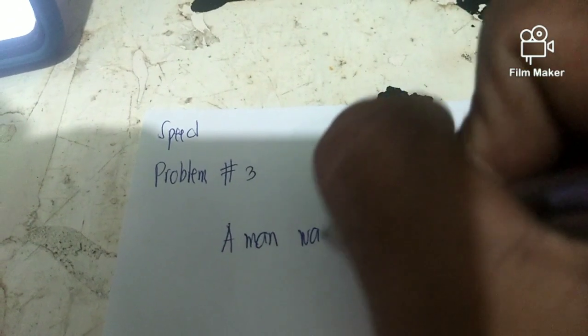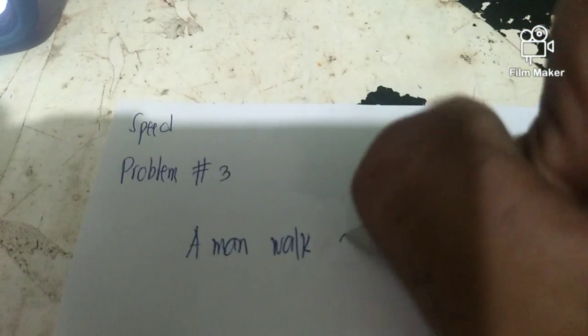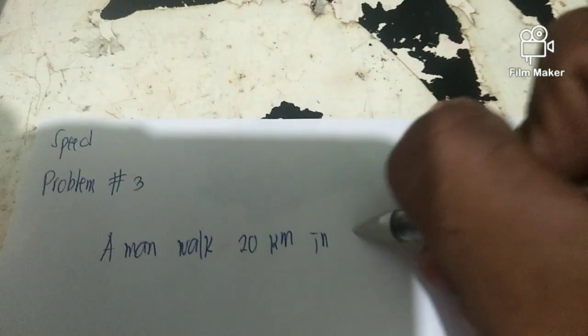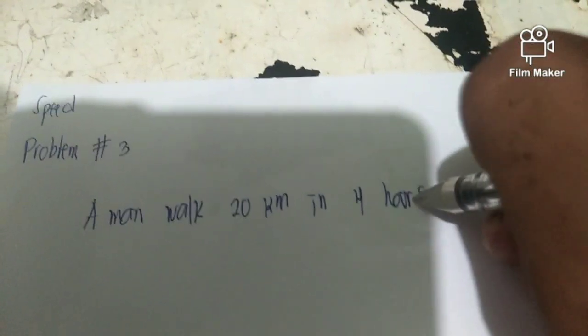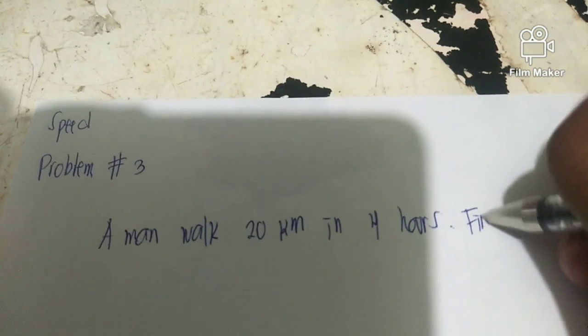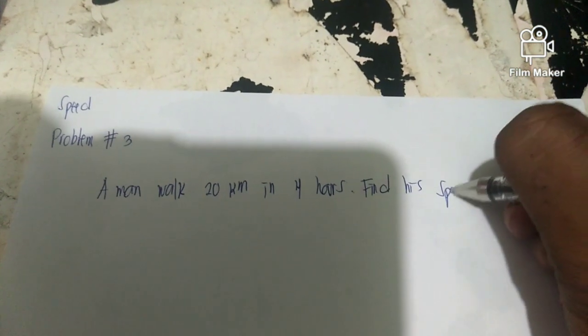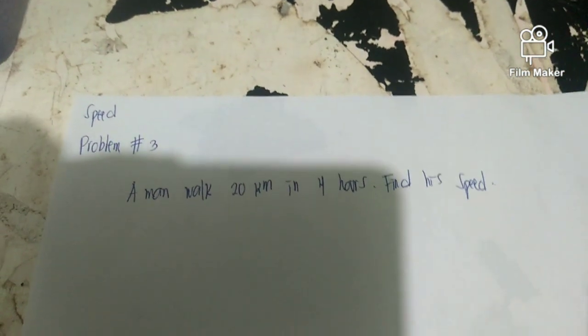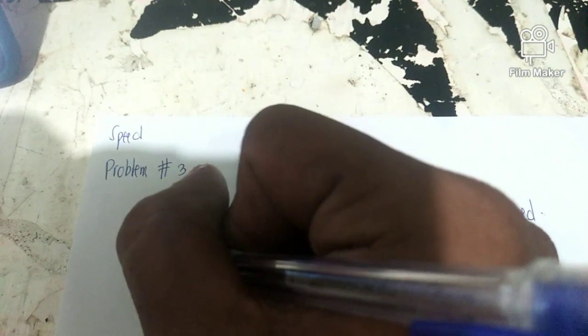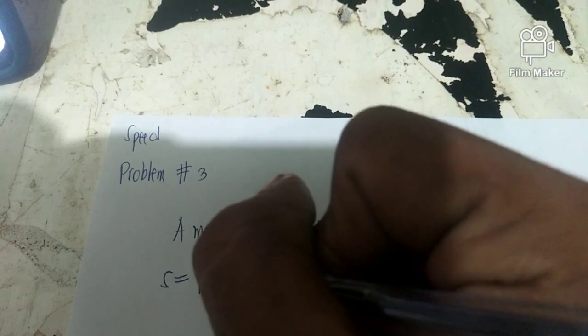Problem number 3. A man walks 20 kilometers in 4 hours. Find his speed. So let's write the formula of speed.